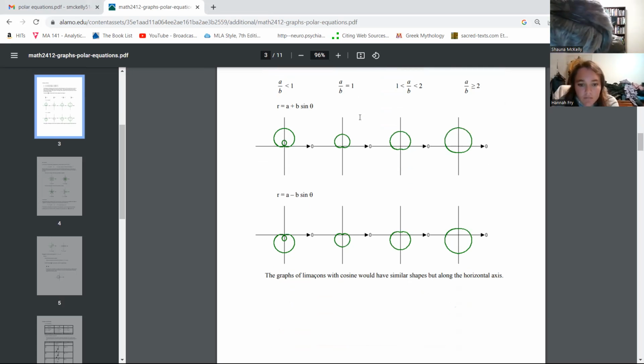And then there's differences when you have a bump versus when you don't, which is what these ratios are saying to you. So here, if your ratio of A to B is less than 1, it has an inner loop. And here it's a plus, and it's a sine, so it's above the axis.